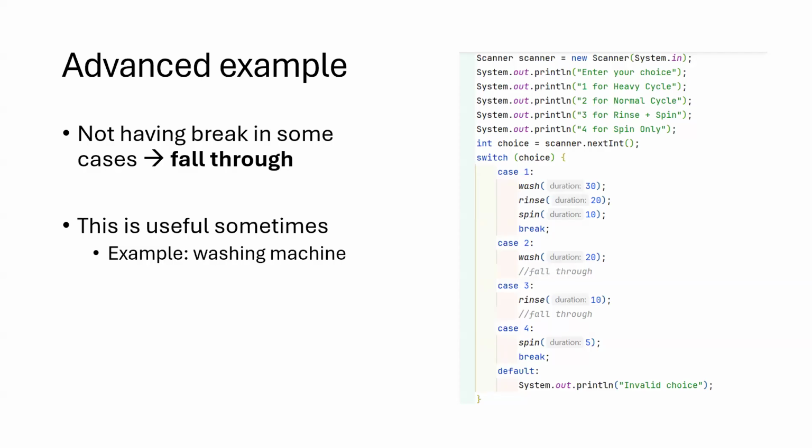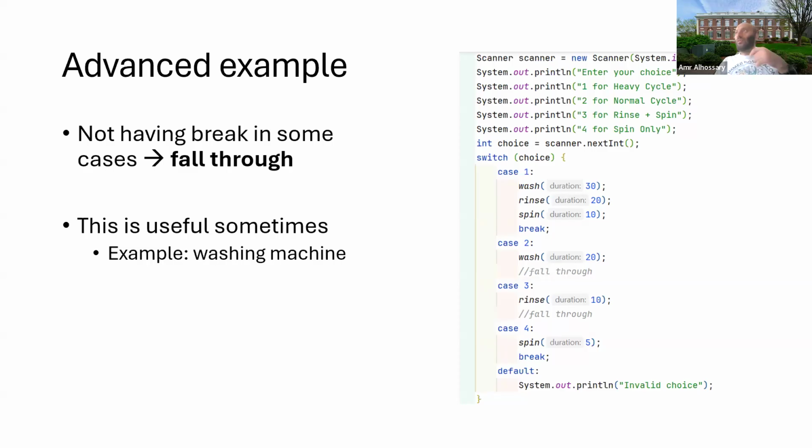Forget about heavy cycle now. Sometimes you washed the clothes using detergent by hand manually, and just want to rinse and spin. So you can choose choice number three.